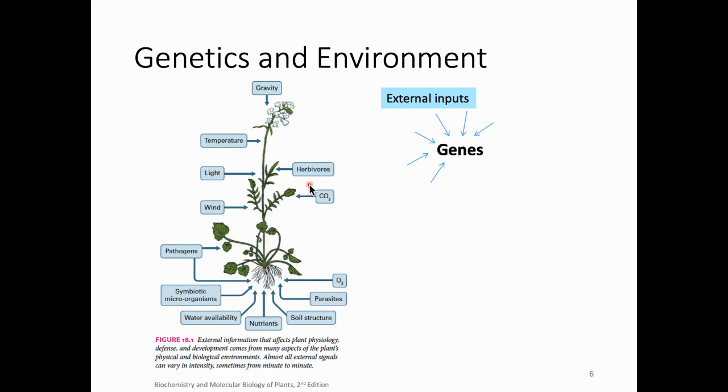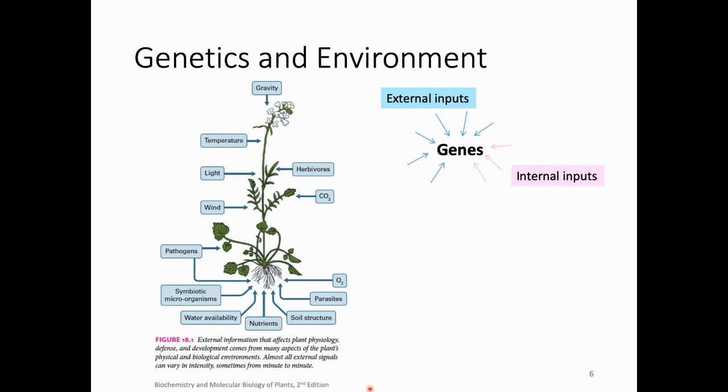They can also perceive gravity, temperature, light, wind, carbon dioxide, and also oxygen. The internal input, like I mentioned earlier, is things like photosynthesis status, developmental stage, health, and so on.